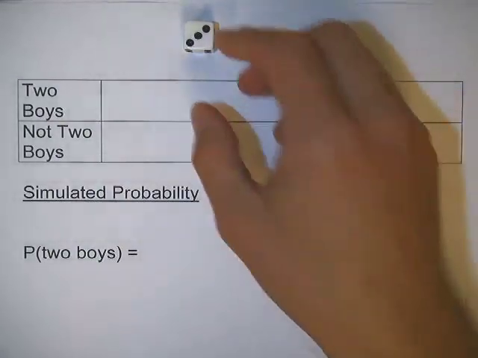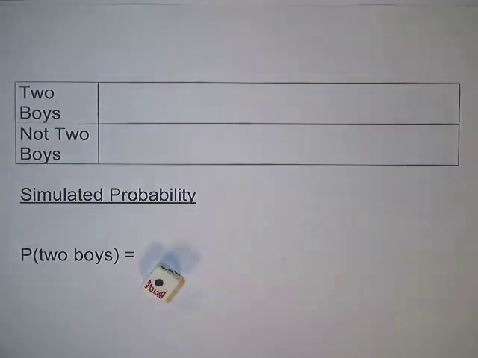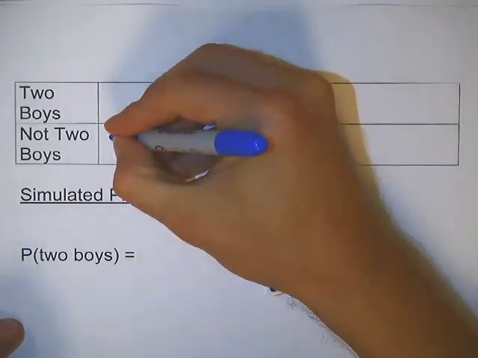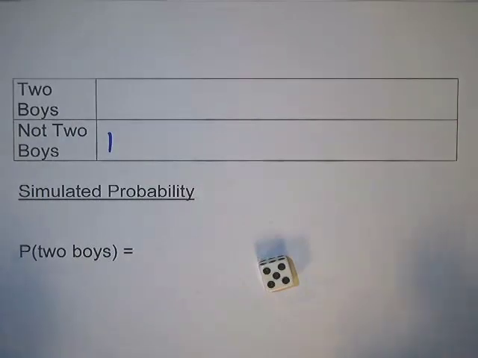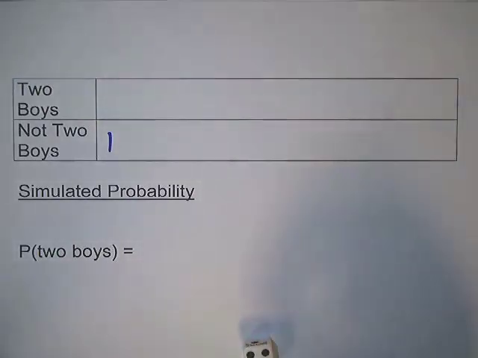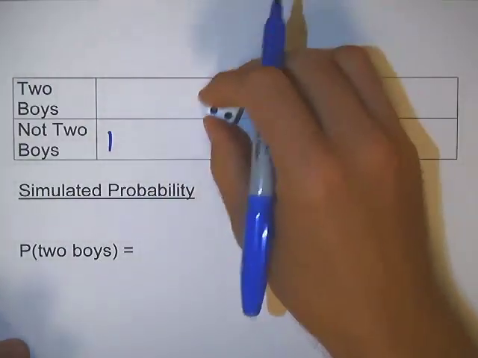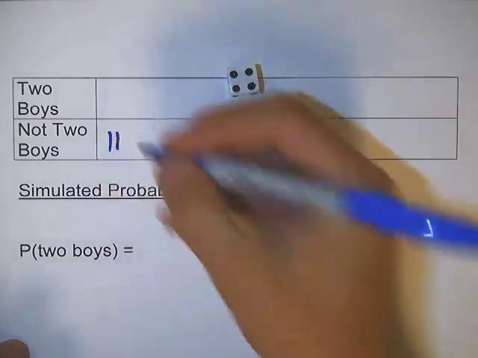Okay, so an odd is a boy, so that's 1 boy, 2 boys, 3 boys, and 4 boys. So this would be a family that does not have 2 boys in it. Okay, 1 boy, that's a girl, so still at 1 boy. Another girl, so that's 1 boy, and that's another girl, 4. So this would be another not 2 boys.